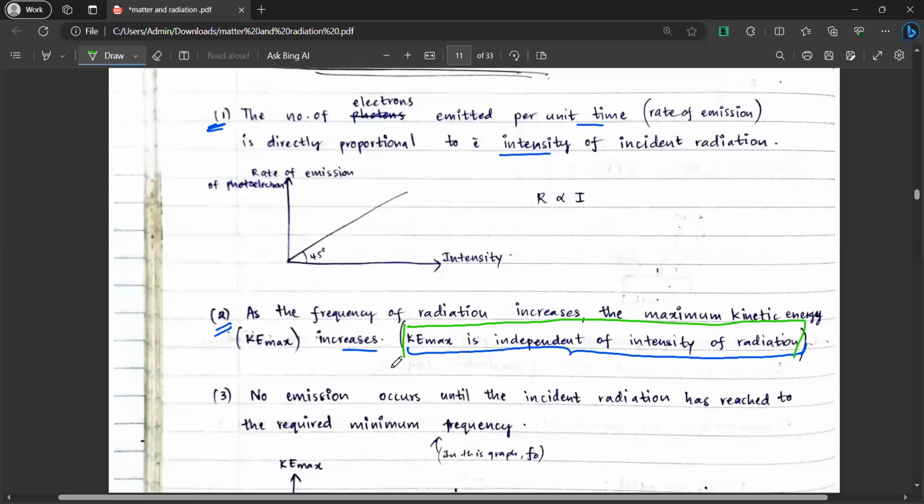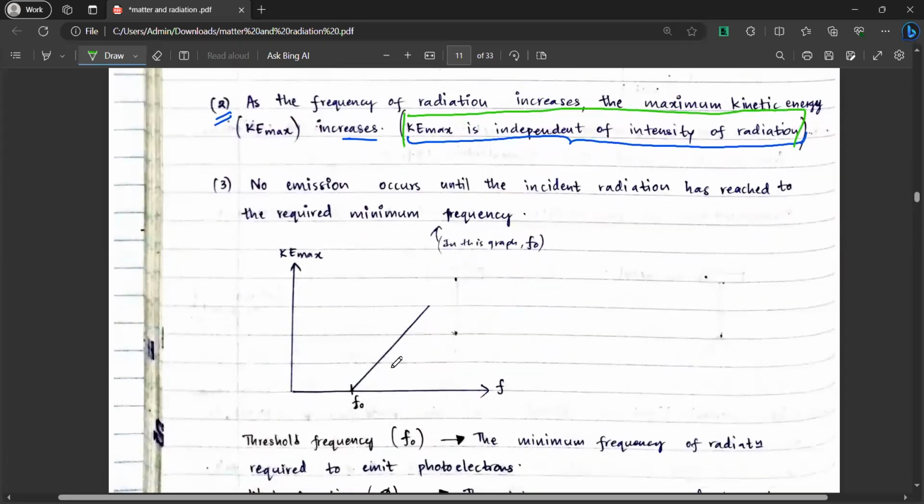Shahama? So look at the next point. No emission occurs until incident radiation has reached the minimum required frequency. Okay.